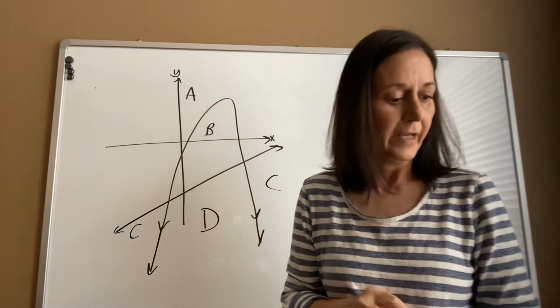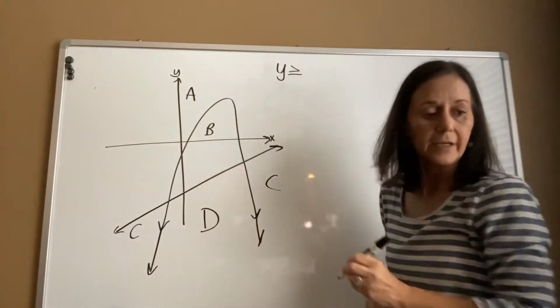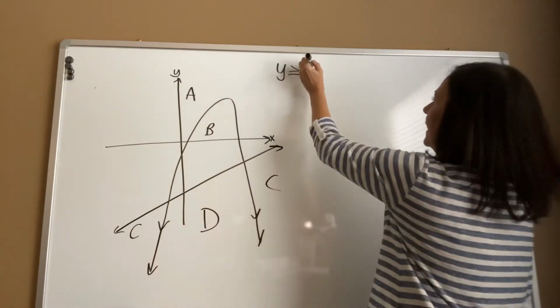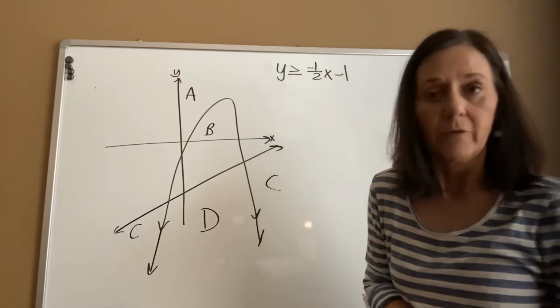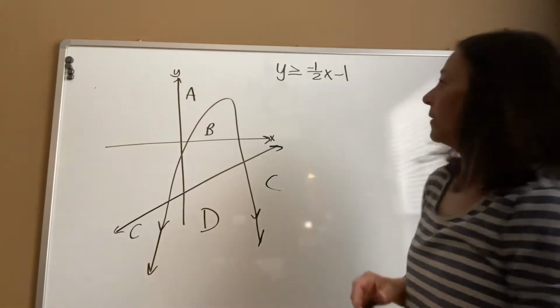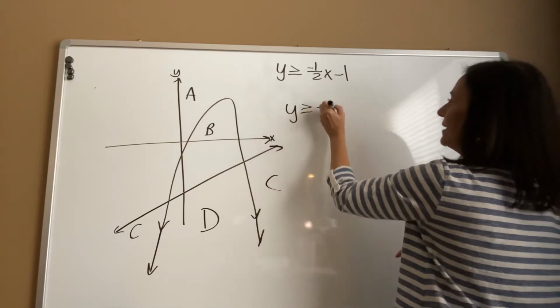All right, and here's our inequalities. y greater than or equal to -1/2 x minus 1. And then we have y greater than or equal to -x squared.